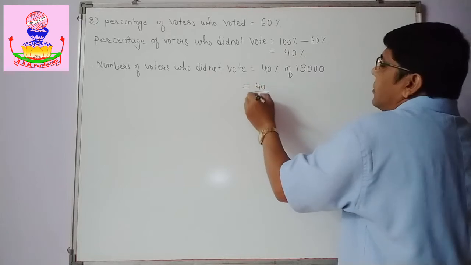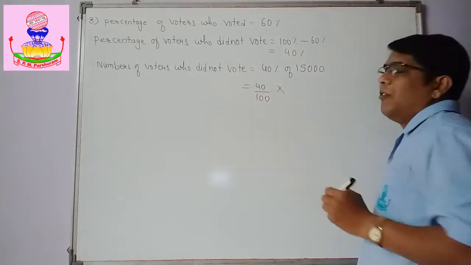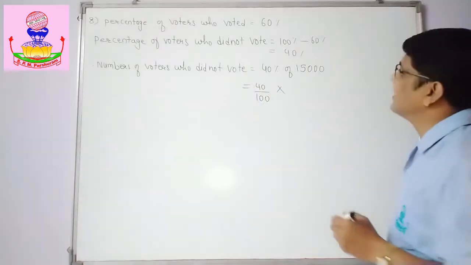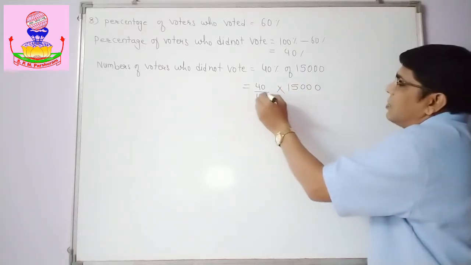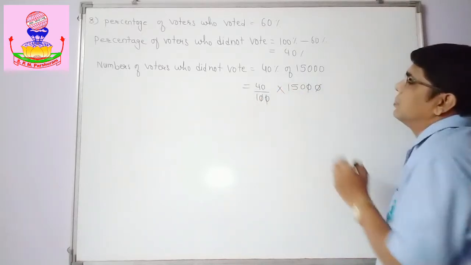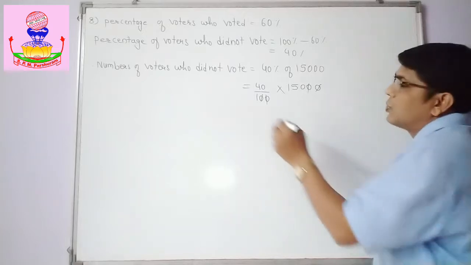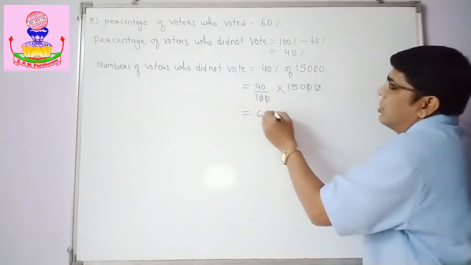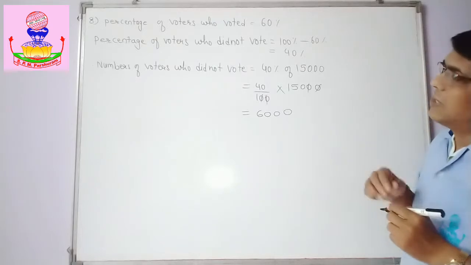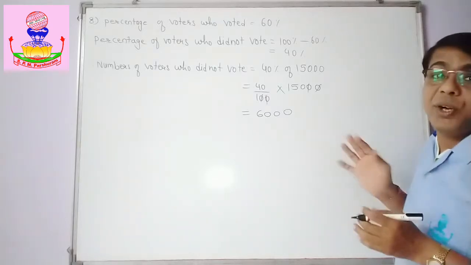So 40% means 40 upon 100. Of means multiplication, into 15,000. Cancelling the zeros, 15 fours are 60 and these two zeros, so 6,000. So 6,000 voters have not voted.